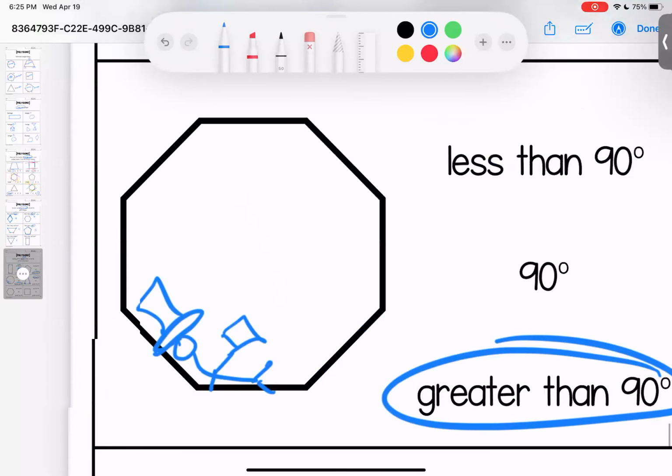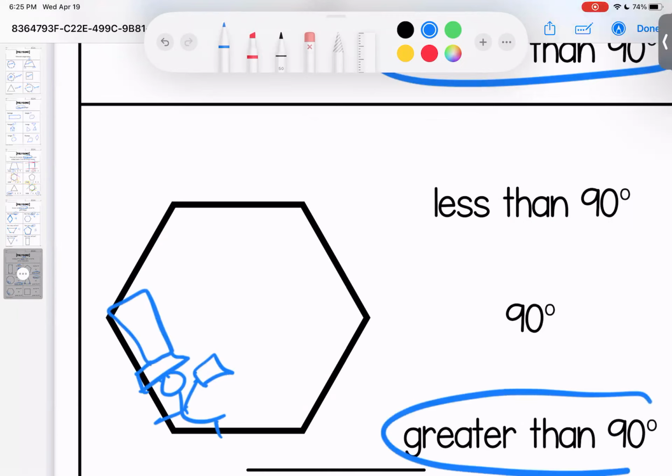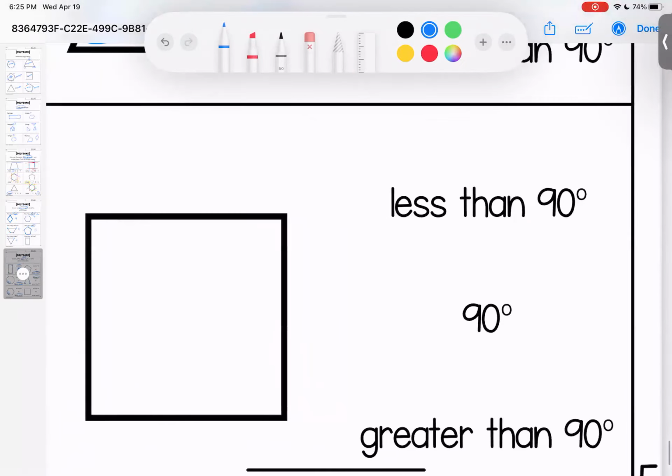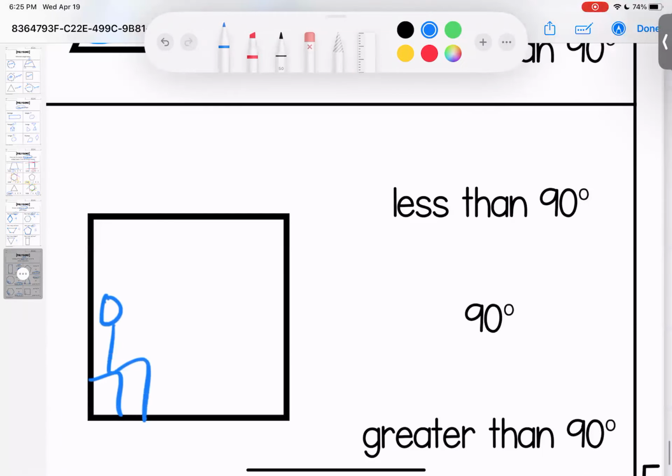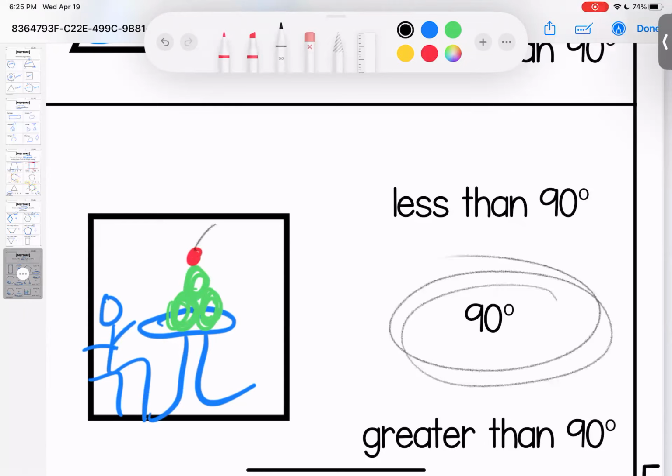Not last one. Just kidding. Coming down here. Over here, it's time for vacation with a book. Oh, I lost a leg. And a super floppy hat. These are greater than 90. And then these. Man, am I hungry for some green bean ice cream with a cherry on top. This is a 90-degree angle.